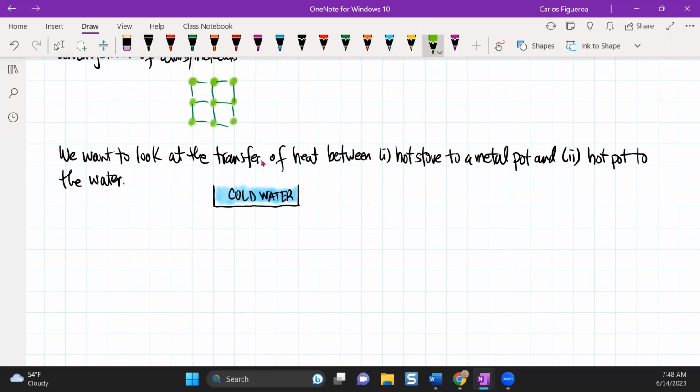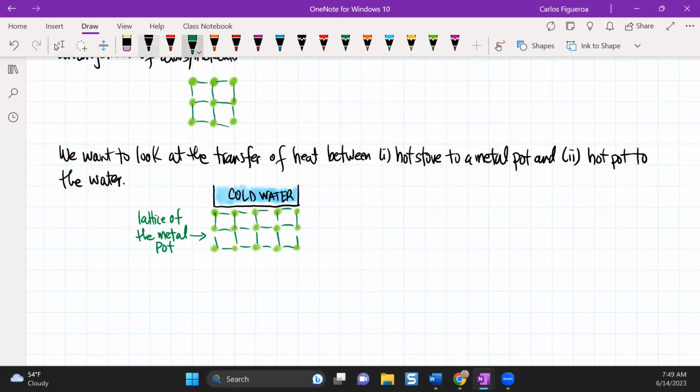So what I'm going to draw here is my lattice structure of the metal pot. If I start to look at this thing, it's going to look something like this. And this represents the lattice of the metal pot right in there.